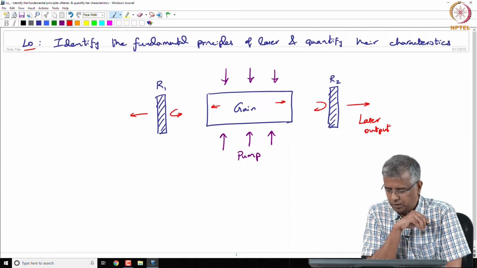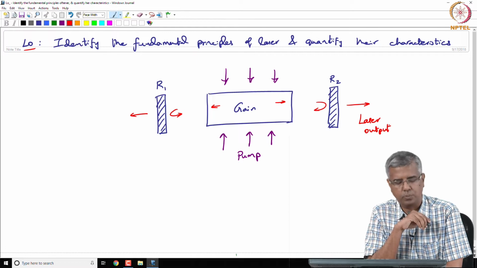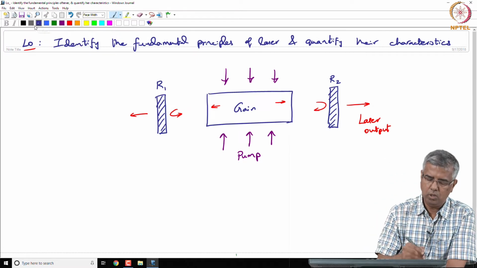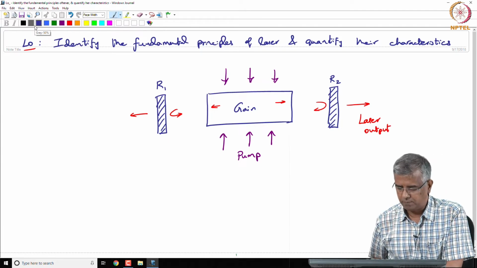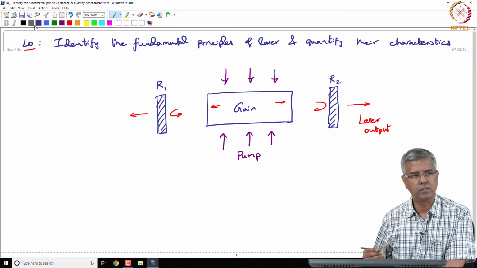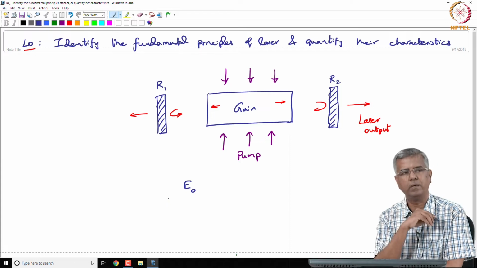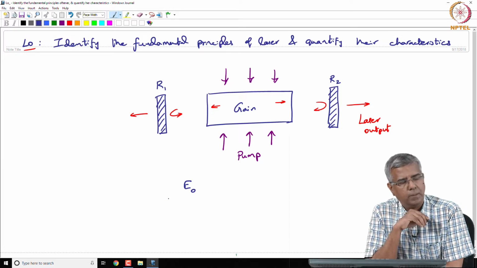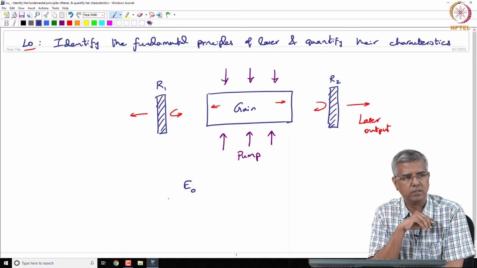Now, the question is, what are the conditions that you need to satisfy so that you can get that laser output. Okay. So, one of the conditions that you need to satisfy is, if you are looking at the fields corresponding to the radiation inside the cavity, let us say we are starting with a field with amplitude E naught, right.